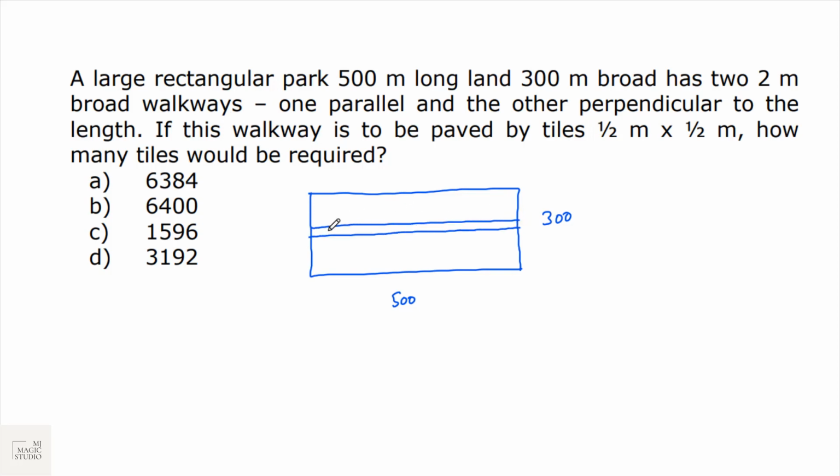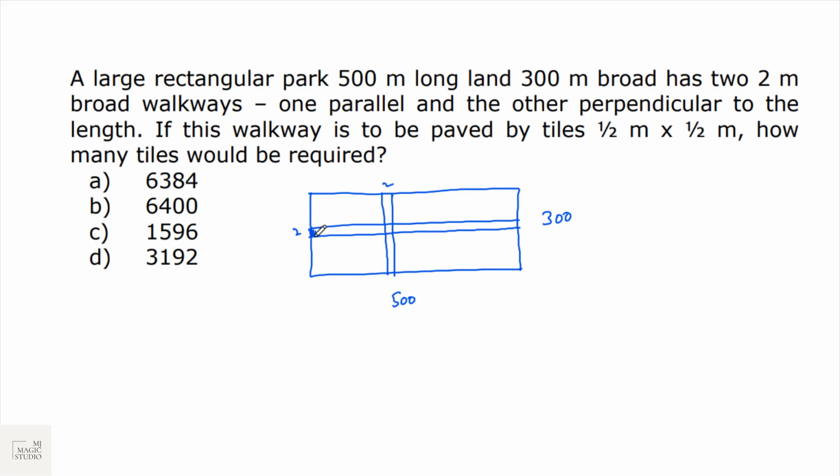So one is parallel to the length, let it be like this. This is 2 meter wide, and one is perpendicular. It can be anywhere. It is 2 meter wide. If this walkway is to be paved by tiles, half meter into half meter, how many tiles would be required?